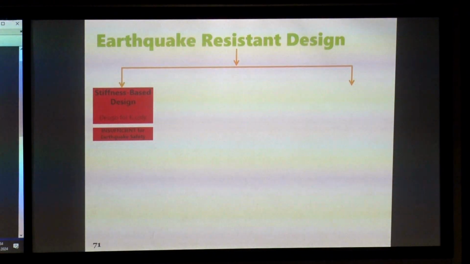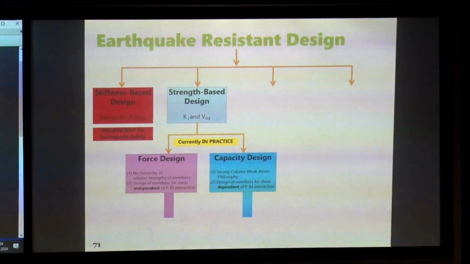So earthquake resistant design has evolved from the earlier stiffness-based design with very large systems to strength-based design, where even 20 years back it was purely force-based. The code gave a force, we did the analysis and finished it off with probably a little bit of detailing. We thought detailing alone was going to make earthquake resistant structures. Then capacity-based design was brought in a big way in the 2016 versions.